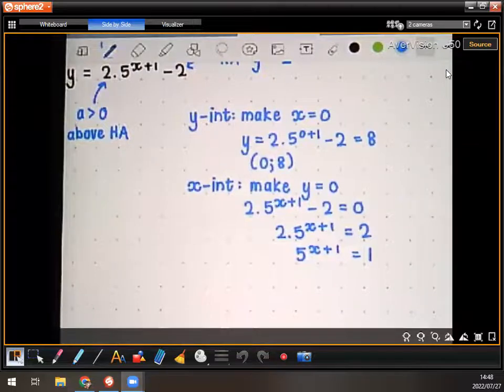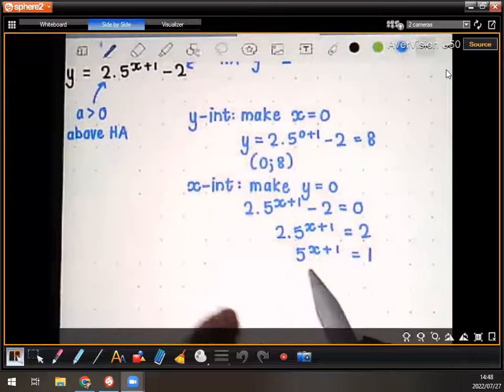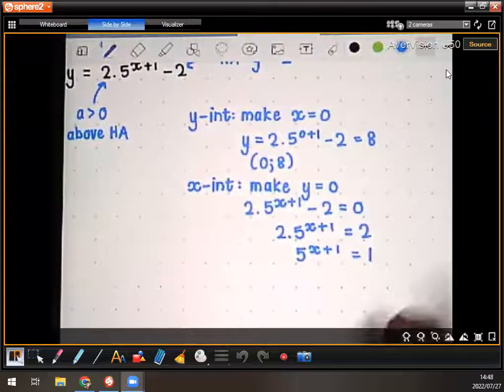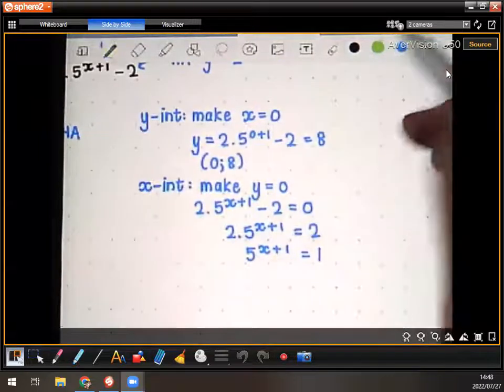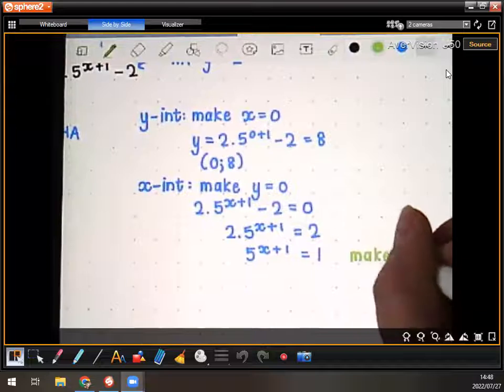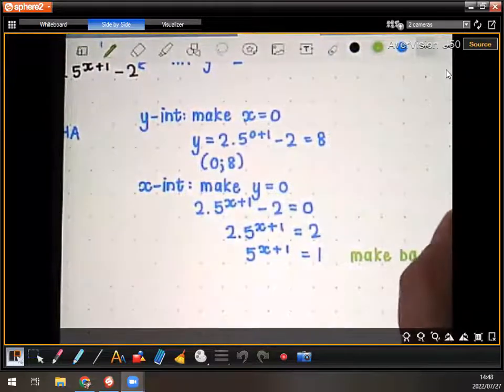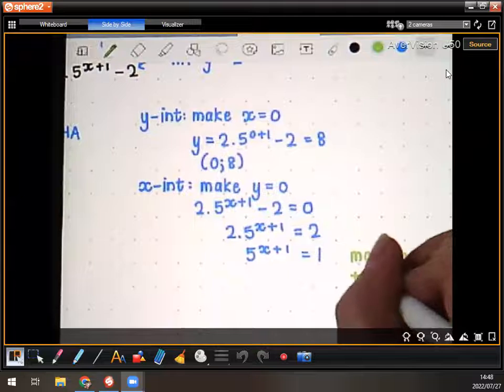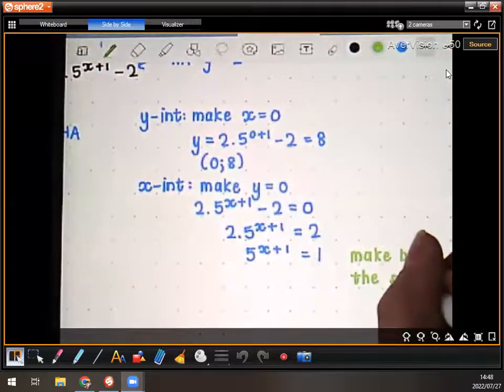Now guys, do you remember with exponential equations, if your variable is in the exponent, once you have your base with the exponent equal to a number, you have to make the bases the same. Let's write here on the side: make bases the same. Now this is a bit of a tricky one.